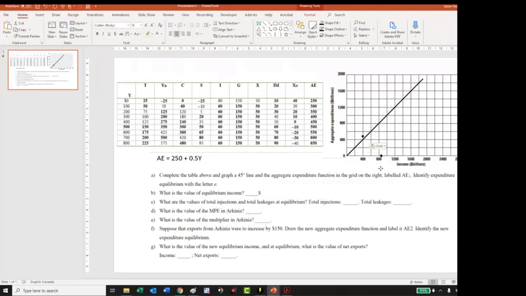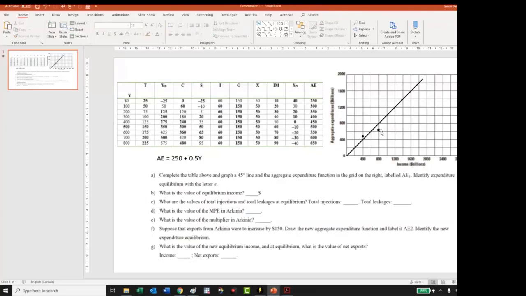And if it's 700, then the aggregate expenditures is 600. So that would be at this point here. So, 400, 450. Let's do 800. So at 800 income, aggregate expenditures is 650. It would be something like here.